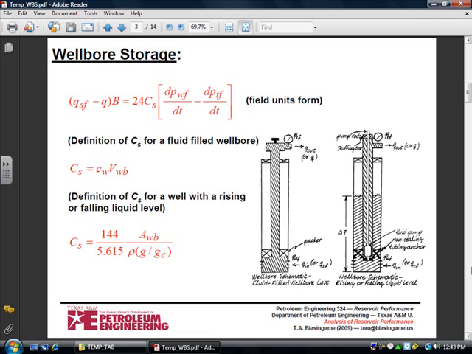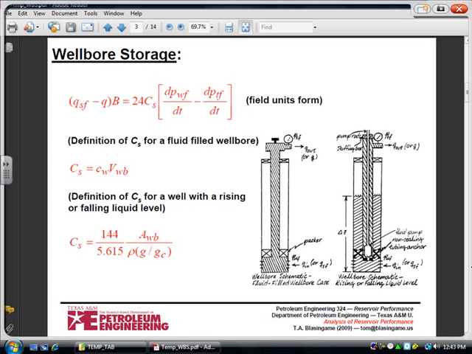Okay, so how would you characterize the discussion of wellbore storage? You have to start with a picture. We discussed all this, correct? I started to write water, but let me make it gas since that's more compressible. But the whole wellbore is full of a compressible liquid.